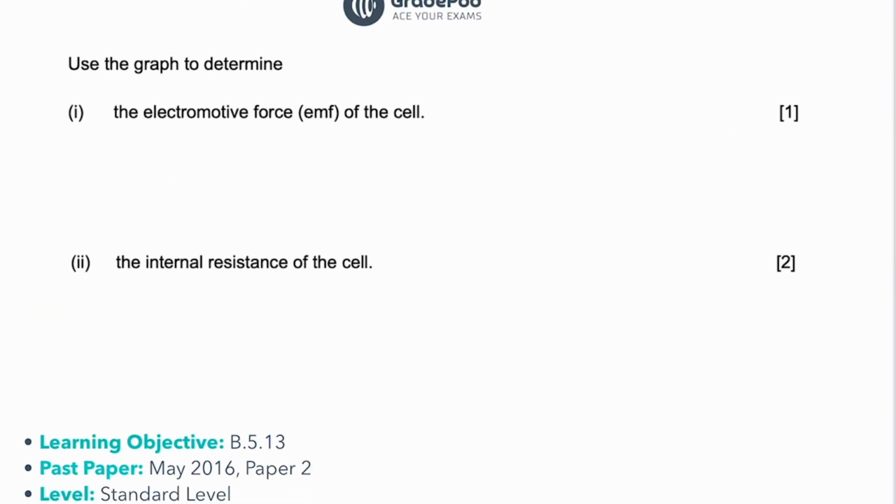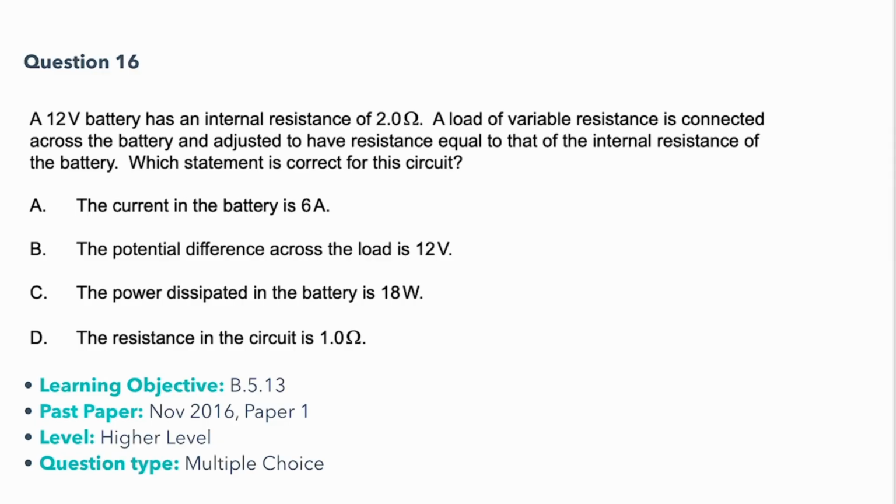Let's put them in the right place. Electromotive force is the y-intercept. I'm just telling the examiner I know my stuff, and we decided that would be 9.0 volts. And the internal resistance of the cell is the gradient, which gives us 0.80 ohms.